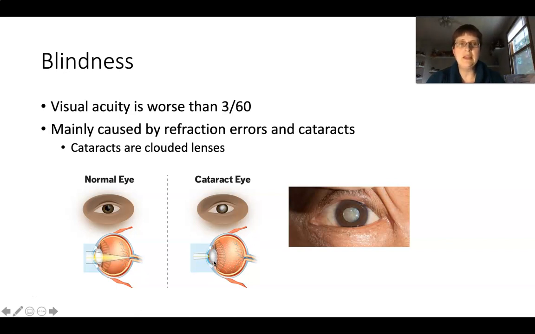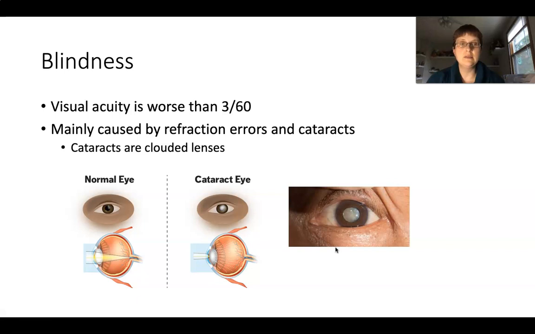The light scatters, reflects, and refracts off of those particles in the lens. Instead of focusing, it spreads that light out onto the retina and can create no image or a very, very blurry image, making it basically impossible for the individual to see.